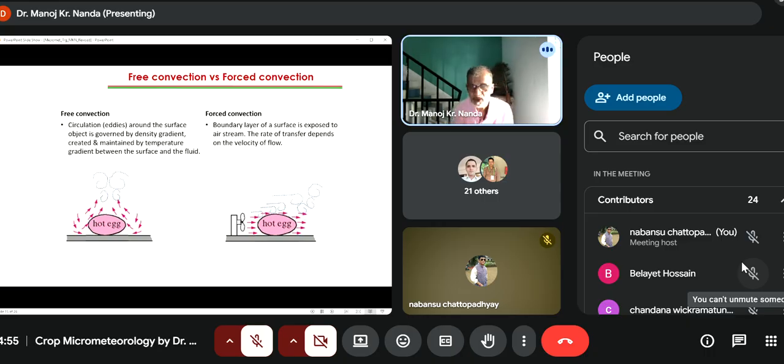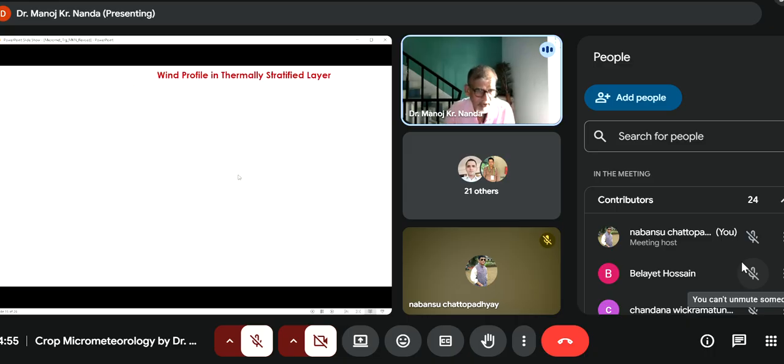Forced convection is naturally the major contributor of heat transfer, and the same thing is happening to all other fluxes also, because the same eddy is transferring all other fluxes. Now, what is important is to see the contribution of pre- and post-convection, and you are mostly facing a mixed type of convection. A thermally stratified layer means the layer in which pre-convection contribution is there.